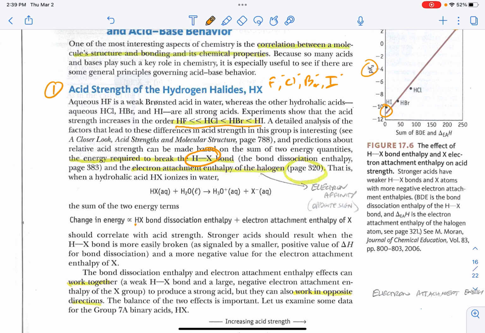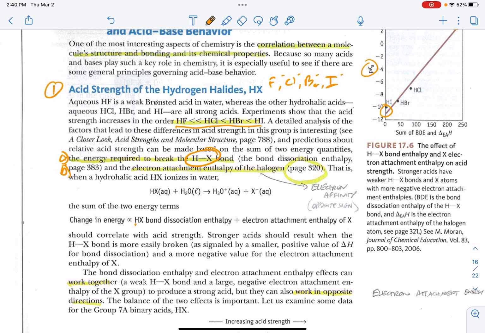And then once you break that bond, that would be the first part. And then the second part, we have to transfer the electron from the hydrogen to the chlorine or fluorine or whatever it happens to be. And as a result, the halogen ends up having an octet.